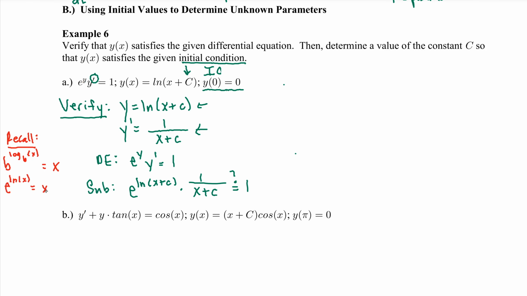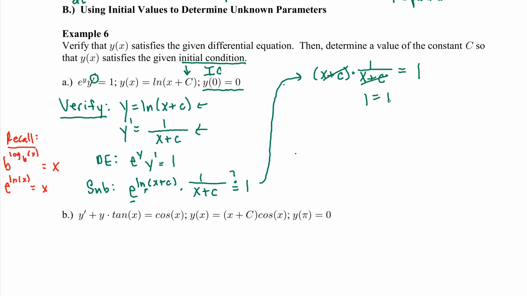Again, that simplifies to give us just the argument of the log. So in the case of our problem here, we have base e raised to natural log, which is base e. That's going to simplify down to simply give us x plus c. Okay, the argument falls down. When we multiply that by 1 over x plus c, we do in fact verify that this is a balanced equation.